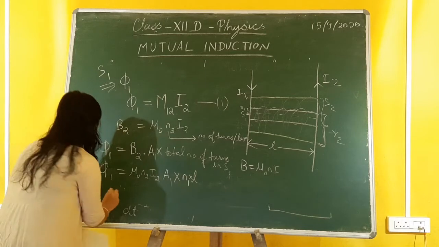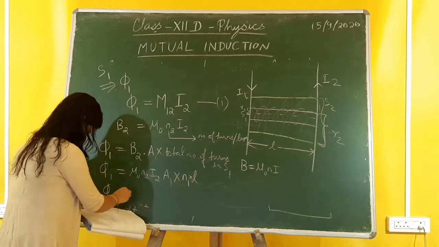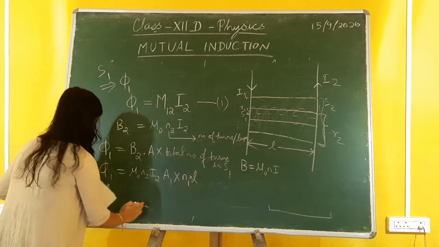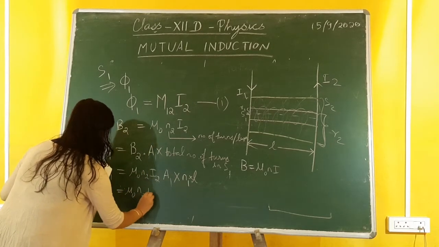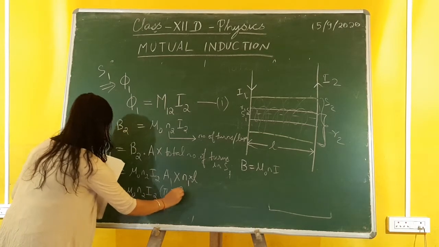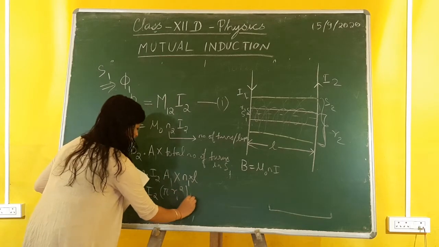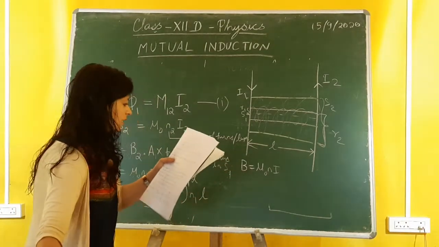So, phi 1 will be equal to mu naught N2 I2, area of cross section is pi R1 square, into N1 into L. I hope it is clear so far, okay.